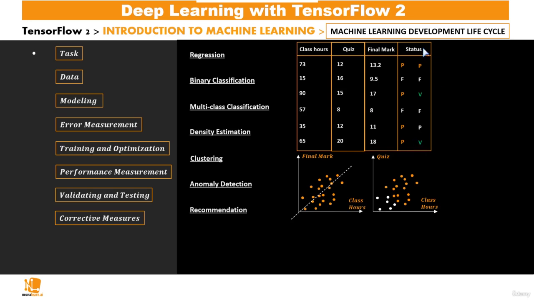So in this case, we're dealing with a multi-class classification problem, or a multi-class classification task, wherein we're trying to categorize or group our outputs into 2, or let's say into 3 or more different classes.